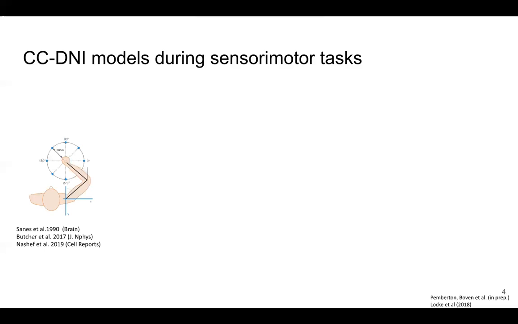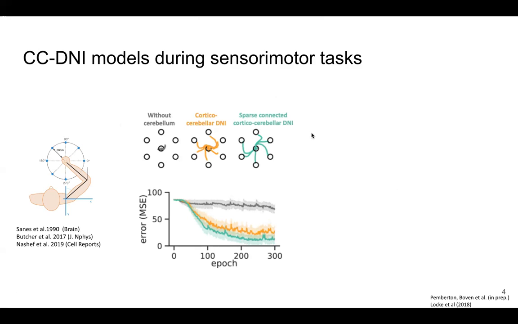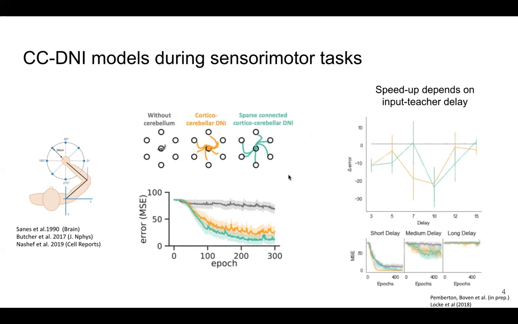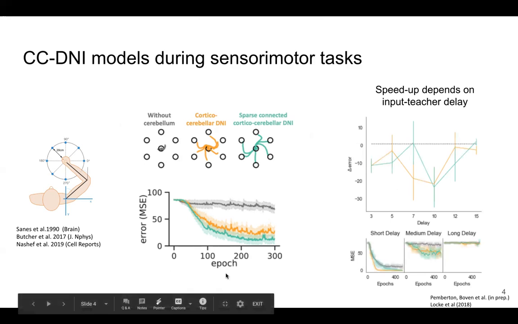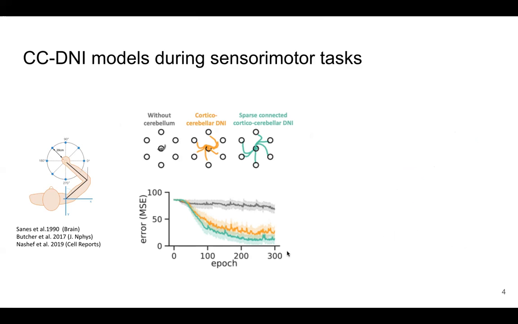Again, here we use a target reaching task, and we can capture qualitative results of cerebellar patients, being that they move to the targets much more slowly, as you can see here on the top for 3 models, a model without the cerebellum, and then our 2 variants with our cerebellar components. And also we see that the networks learn much faster.